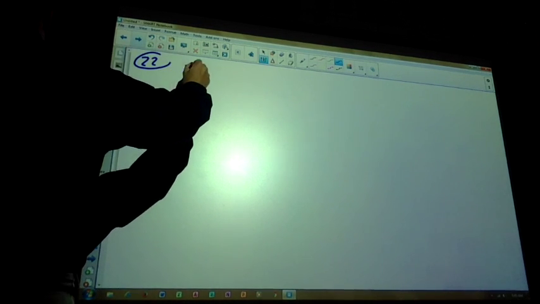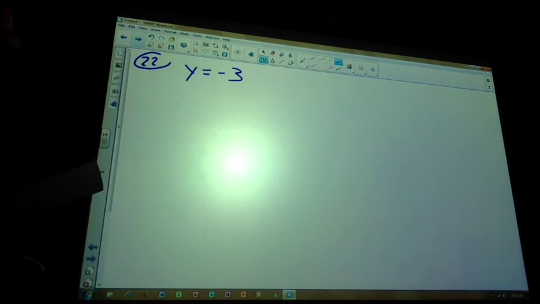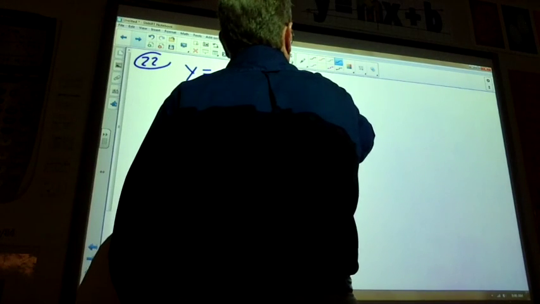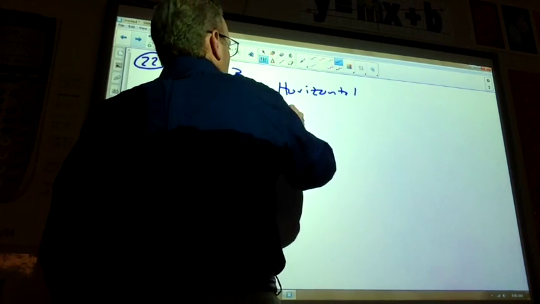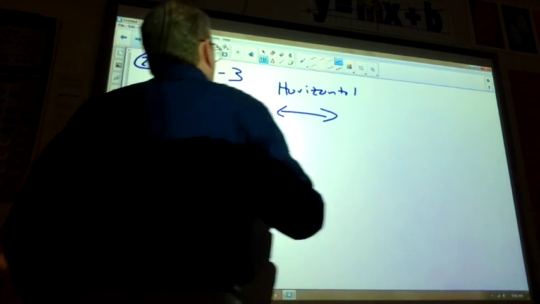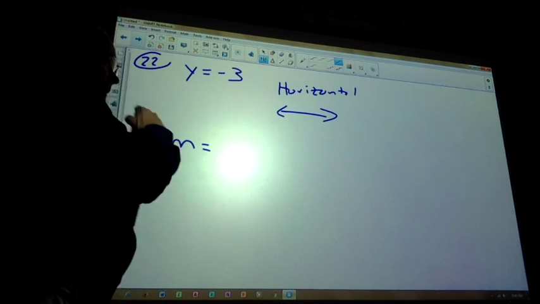Okay, 22. Y equals negative 3. Special case. A vertical line was x equals. This is a horizontal line. So this line is going back and forth. So what kind of slope do I have? 0.